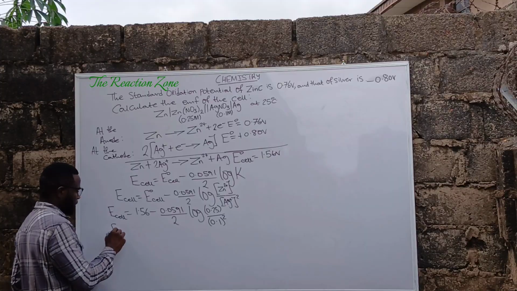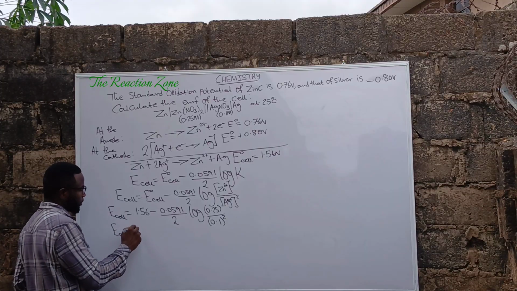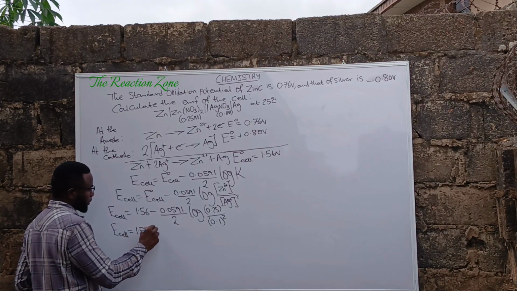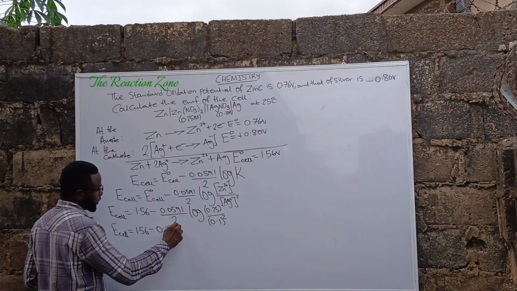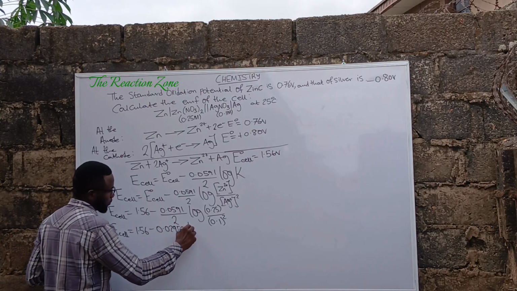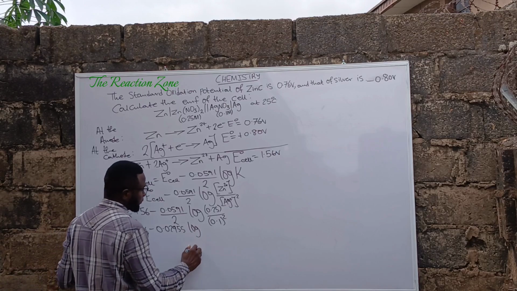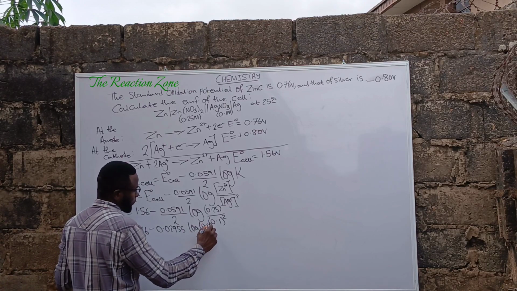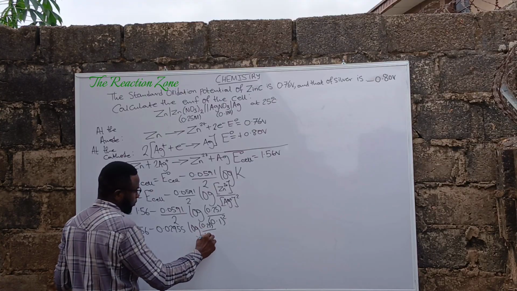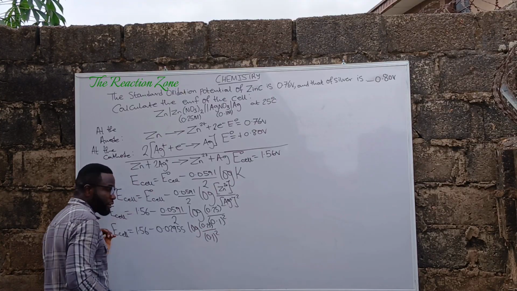And then E cell is going to be equal to 1.56 minus 0.02955 log 0.25 divided by 0.1 squared.